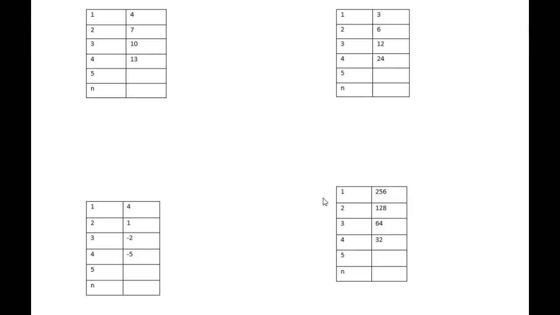So remember, every time you are given a sequence, the first thing you need to find out is whether you are dealing with an arithmetic sequence or a geometric sequence. For instance, the first one, we have this sequence right here.